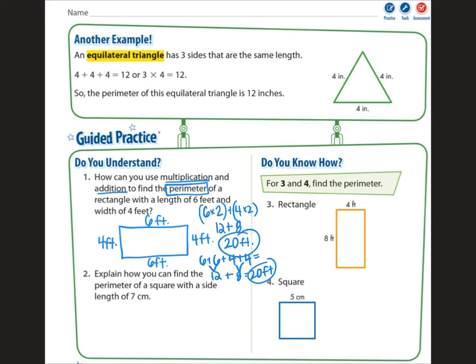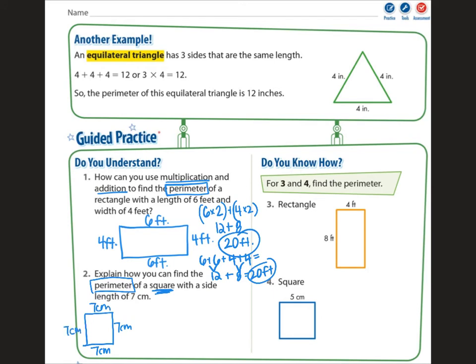How can you find the perimeter of a square? What do we know about a square? All sides are the same length, so with a side length of 7 centimeters, I'm going to draw my square out. If I know that one of the sides is 7 centimeters, I know all of the sides are 7 centimeters.